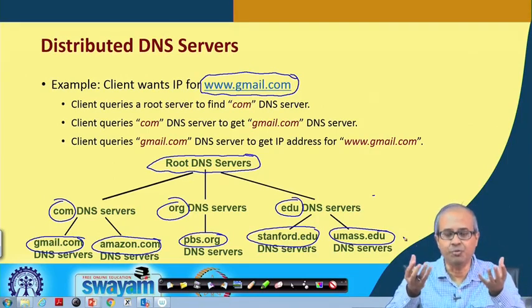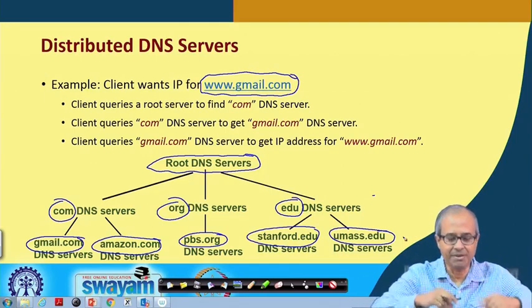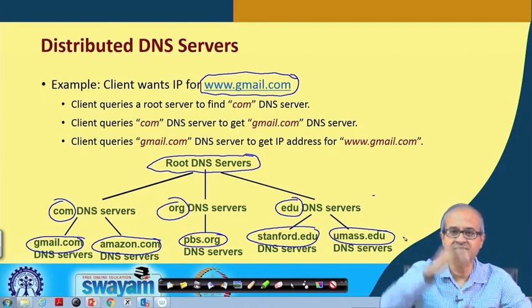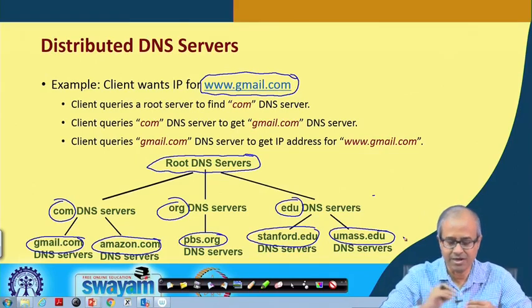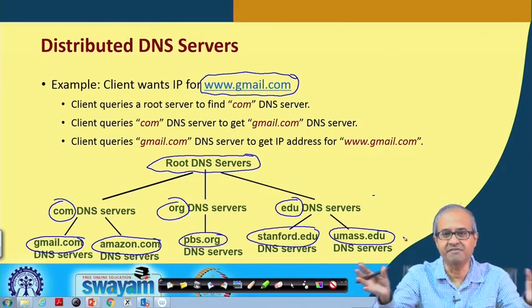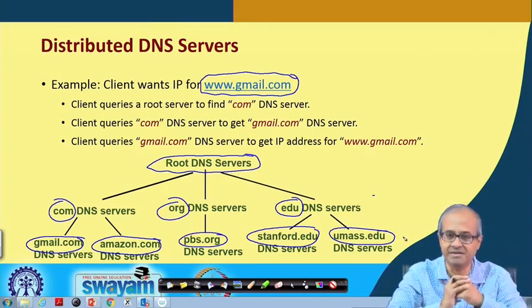So, this kind of DNS server is not one, there can be multiple, and I have just shown 3 levels, there can be a large number of levels in this hierarchy. Okay. Under this Stanford, there can be several departments, each of them may be having their DNS servers and so on. Okay.